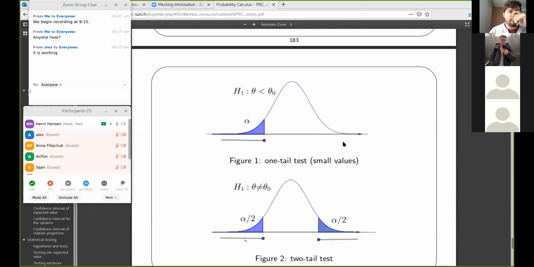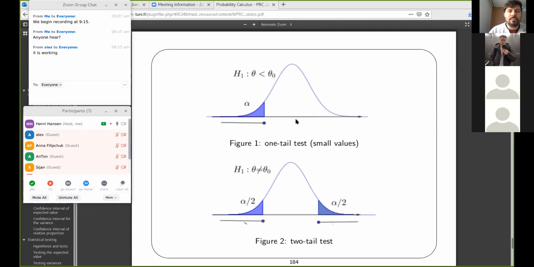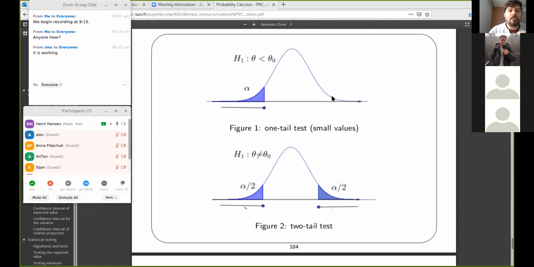Here, the risk level gives you this: the curve is for the null hypothesis. This is the probability distribution exhibited by the assumption that the null hypothesis is true. And we opt for a one-tail test or two-tail test, depending on which we are talking about.